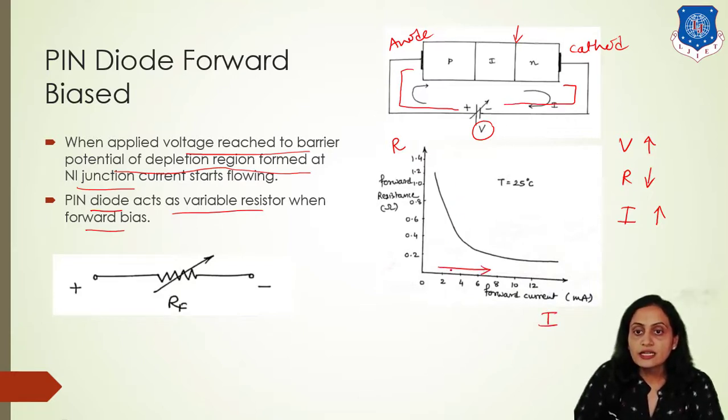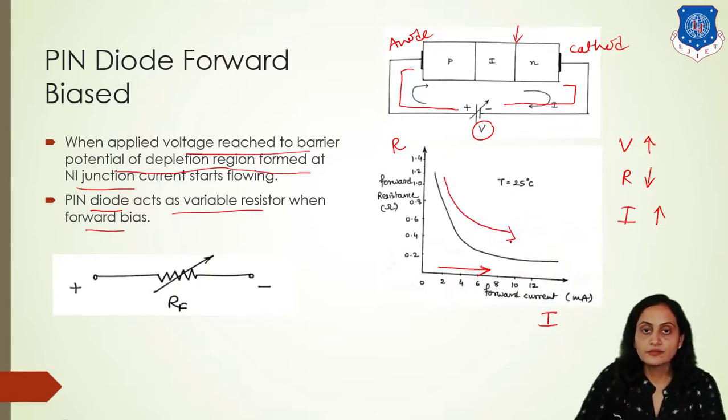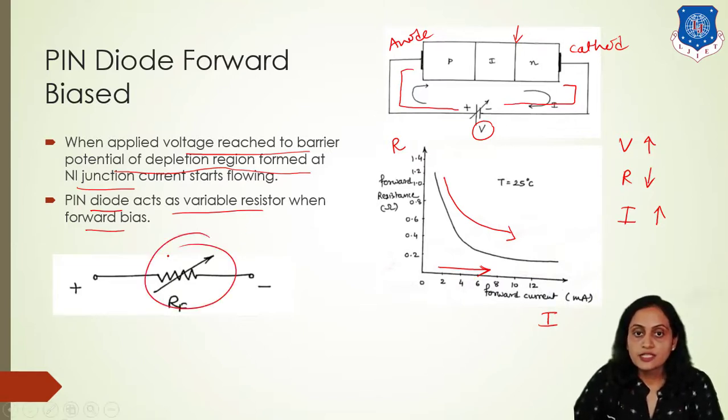As the forward current increases, the resistance offered by the PIN diode is decreasing. So we can say PIN diode is acting as a variable resistor when it is forward biased. That is why the symbolic representation is the variable resistor symbol.